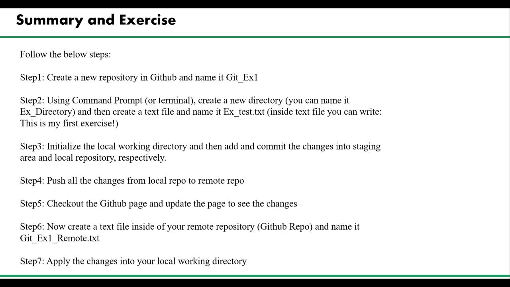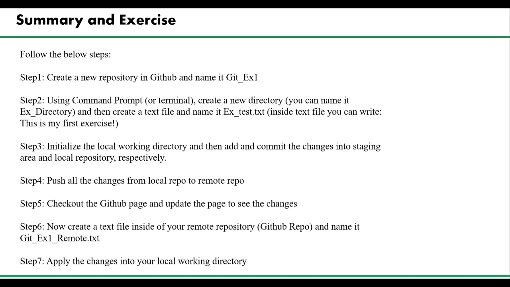Step 4 is pushing all the changes from local repository to remote repository. And in the 5th step, you check out the GitHub page and update the page there to see the changes.